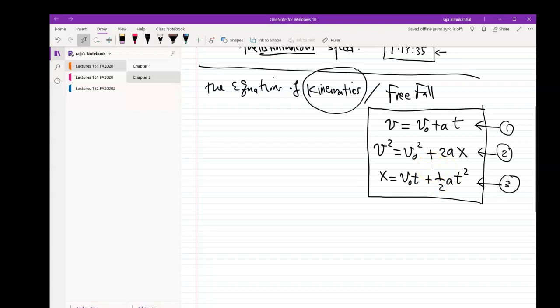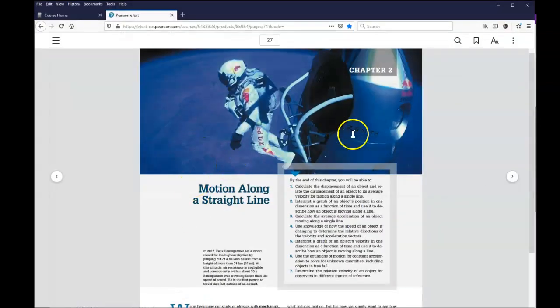I'm going to show you some examples right now. For example, let's look at one from the book, example 2.5, and I'm going to do some homework problems for you. So you go back to the book, and example 2.5, I'm looking at the hard copy here.